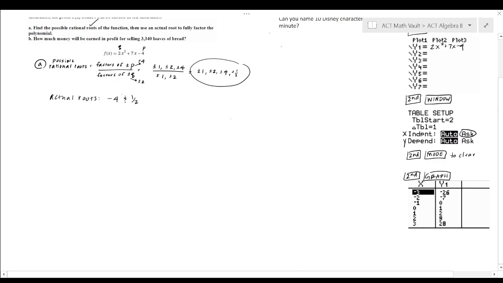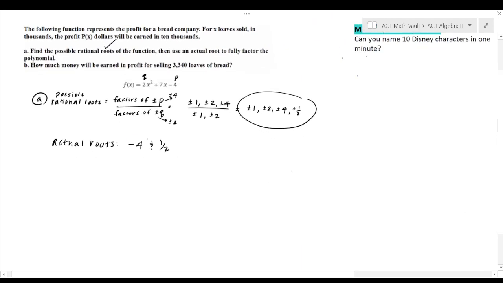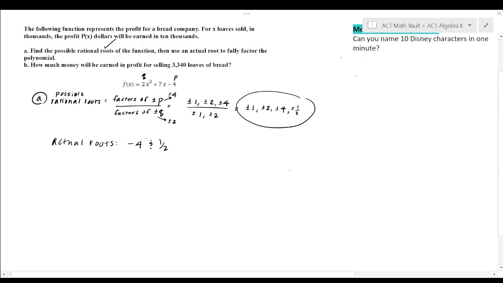So that must mean that to fully factor this polynomial, if my roots or my zeros are those two numbers, doesn't that mean that I get x equals -4 and x equals 1/2 if I solve for the zeros? So what I want to do now is write this in factored form.